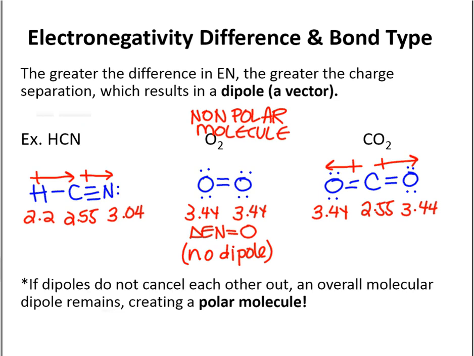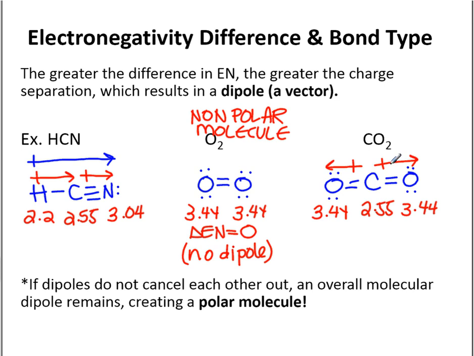So if we take a look at hydrogen cyanide, we've got two dipoles. They're both pointing in the same direction. If we think about adding vectors or adding our dipoles, here we can add the two together. So here, two vector arrows, tip to tail, we're adding together. You'll get one big dipole left over. If you take a look over here, though, you've got two dipoles, but they're going to be equal and opposite to one another.